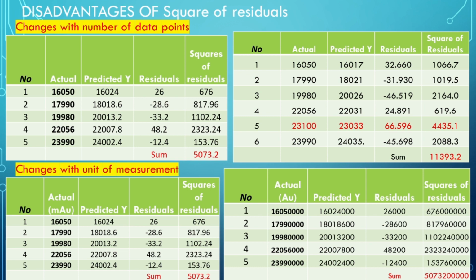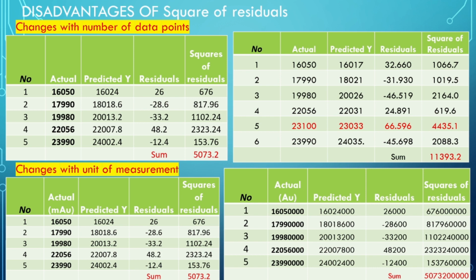And again, these values are changing. The sum of squares of residuals changes with respect to the unit of measurement. Say one instrument is giving a value in milliangstrom units, and another one is giving in angstrom units. So you can see the difference in the value.